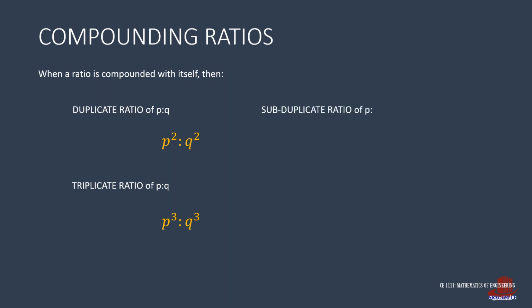Then subduplicate ratio of P is to Q is P raised to 1/2 is to Q raised to 1/2, or we can take this as the square root of P is to the square root of Q. Then the subtriplicate ratio of P is to Q is P raised to 1/3 is to Q raised to 1/3. This is just like the cube root of P is to the cube root of Q.